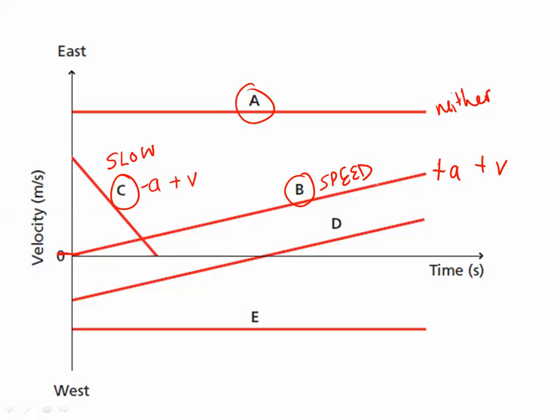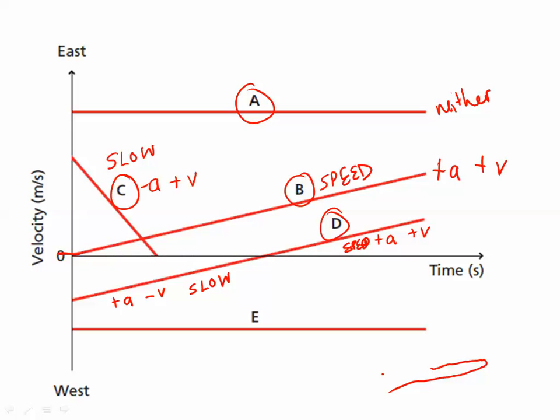How about D? D is an interesting case because D starts off with a negative velocity and a positive acceleration. It ends with a positive acceleration and a positive velocity. So it's actually slowing down then speeding up. So what happens here is, for instance, if it's a runner, the runner slows to a stop, turns around, and speeds up.